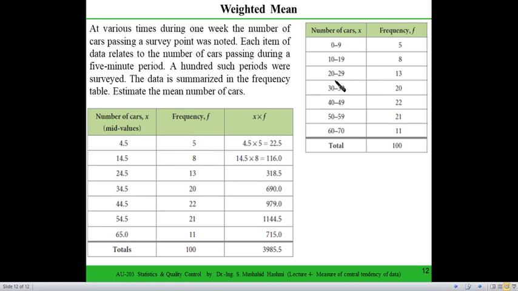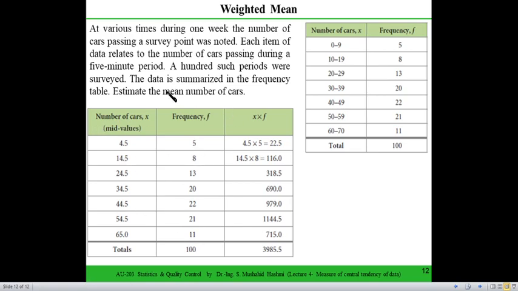We calculate all the middle values. For 10 and 19, take the average of 10 and 19, that would be 14.5, the midpoint. In that histogram we have seen that there is a bin, and in that bin there is a cut point range from 10 to 19. So the midpoint between 10 and 19 would be 14.5. And you have the same frequency.